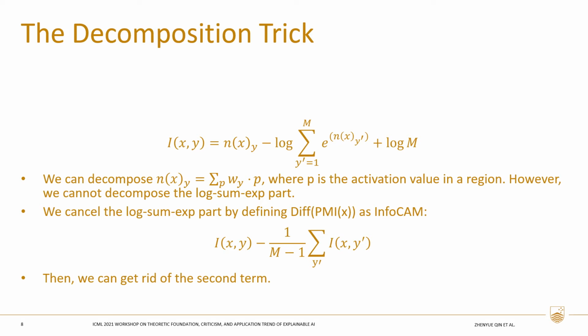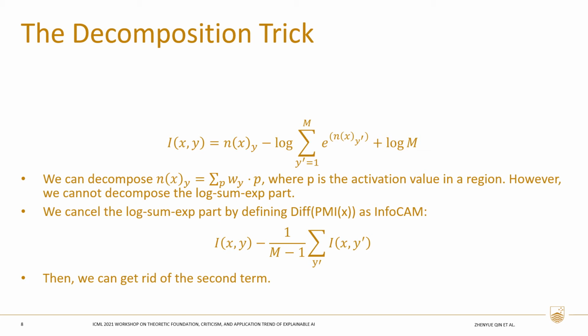As the first equation shows, the pointwise mutual information consists of two terms. The first term can be expanded as the formula of CAM. Therefore, we can decompose that part into the sum of different regions. However, the second term, that is, the log sum exponential part, we cannot decompose. Hence, we do a trick like in the second equation to remove the second term.